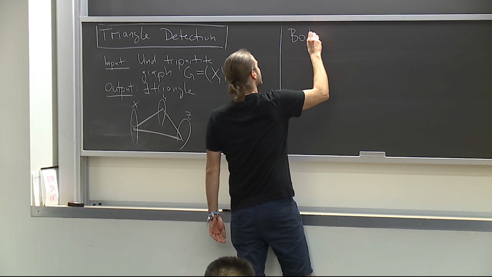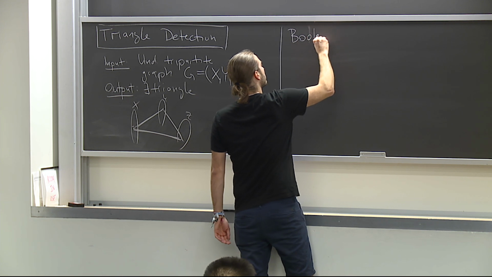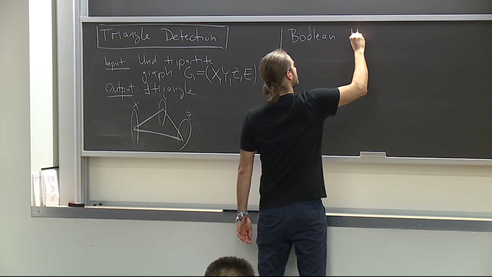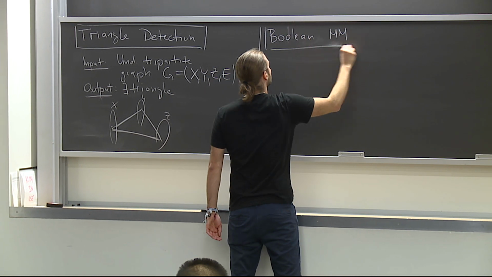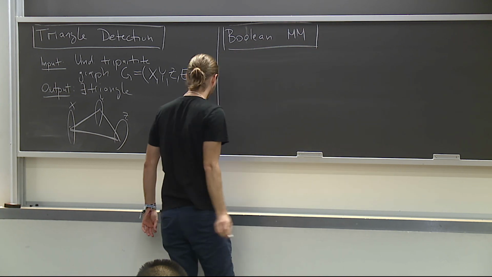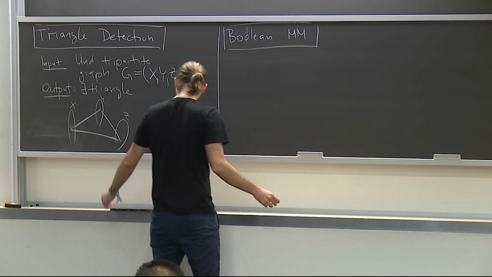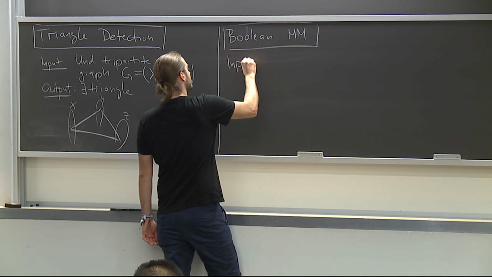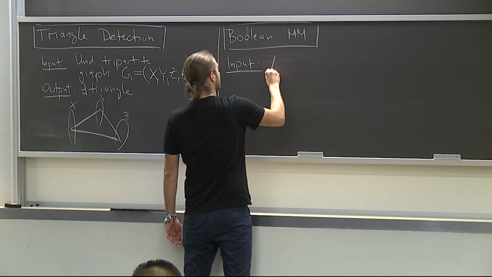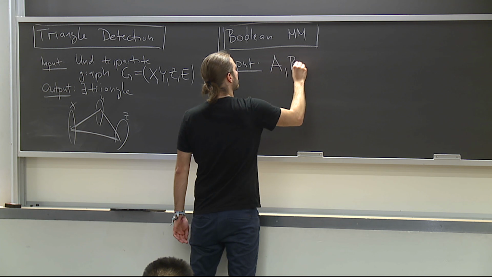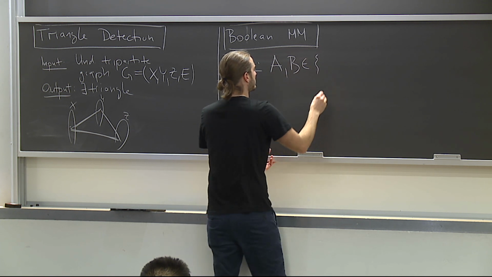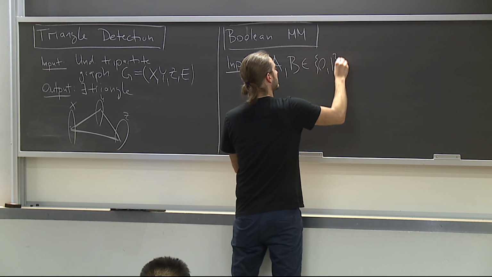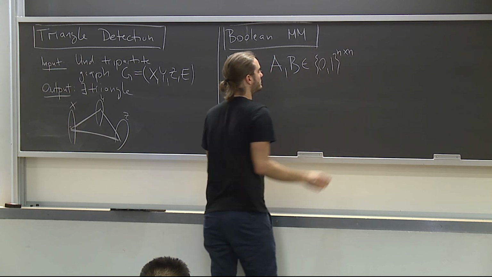The second one is Boolean matrix multiplication. So here the input is 2 matrices. So this is a problem of matrices. But this time they do not necessarily contain integers, but they contain bits, 0 and 1.